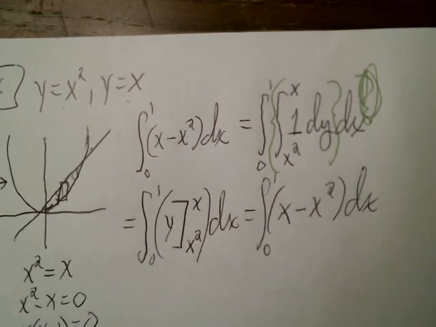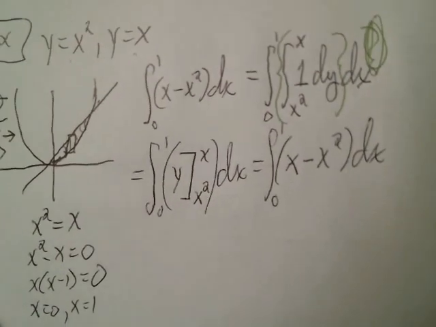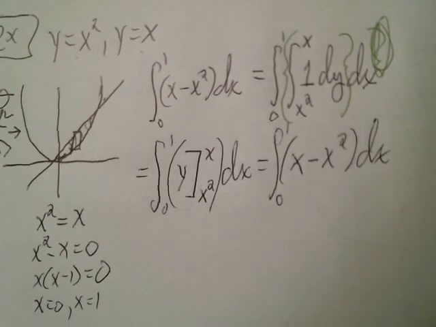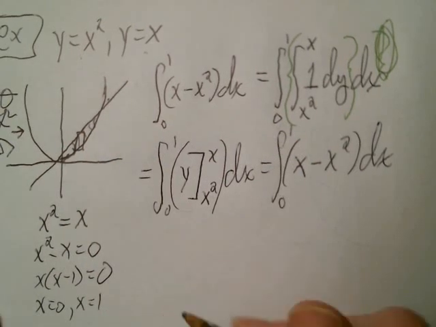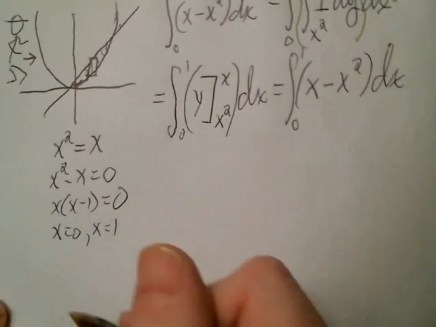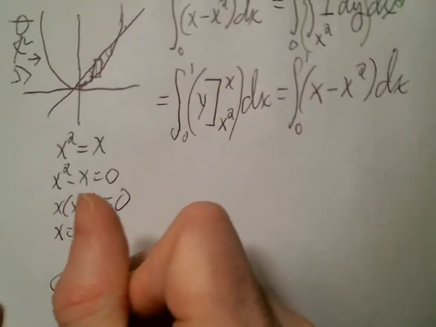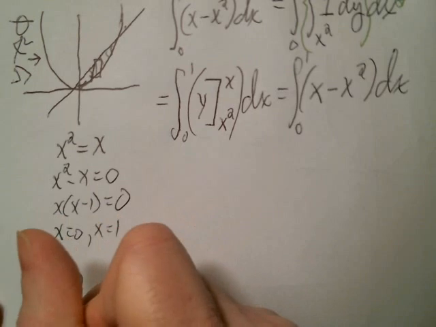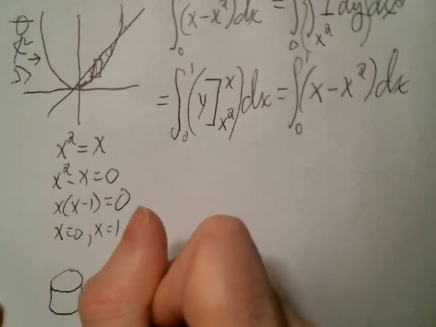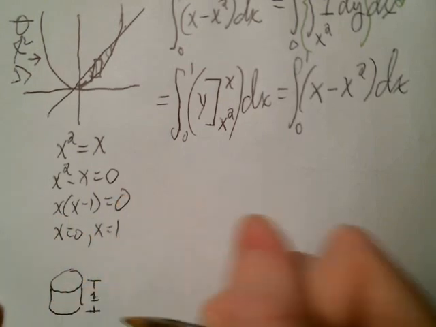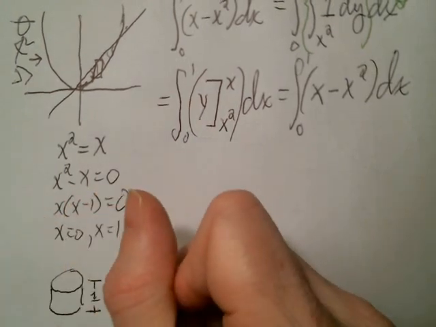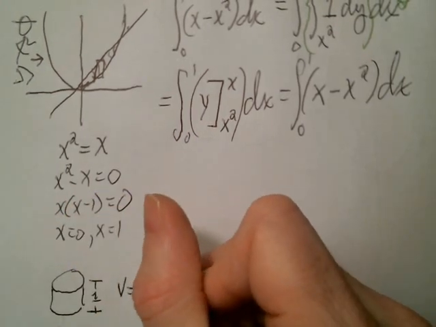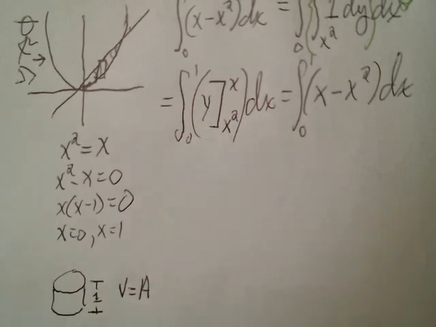We could take this up even one more level and think about surface to surface, because this object here you could re-envision as a three-dimensional object with height 1, right? So the point is, if you have a cylinder with height 1, then the volume of that cylinder is actually equal to the area of its base.